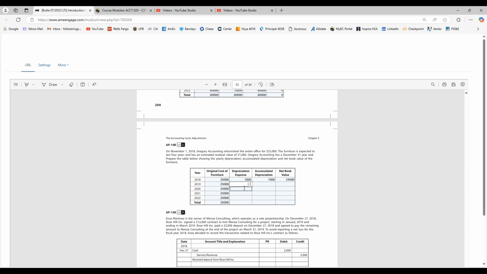So 500 times 12 is 6,000. So a full year's worth of depreciation is 6,000. And we want to add that to our prior accumulated depreciation. Then we take original cost minus accumulated depreciation, which gives us 18,000.